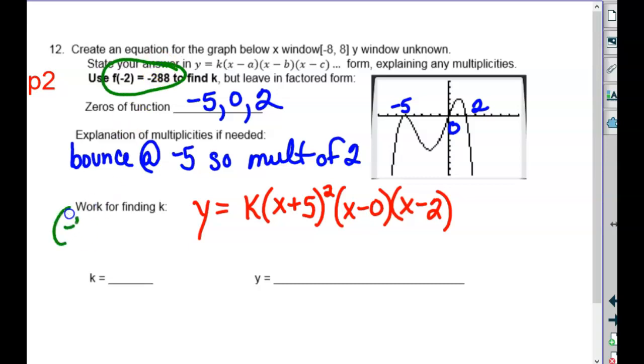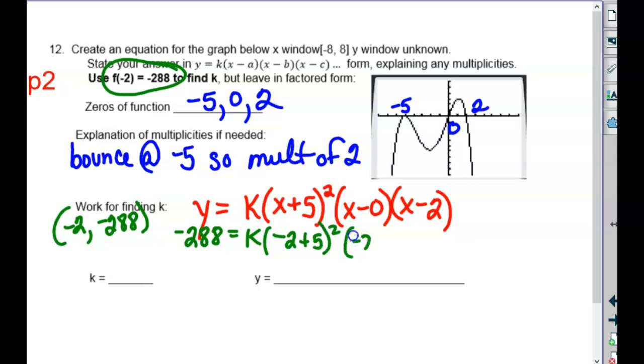It goes through the ordered pair (-2, -288). Isn't that lovely? So y is negative 288 when some k is multiplied by (-2 + 5) squared, (-2 - 0), and (-2 - 2).